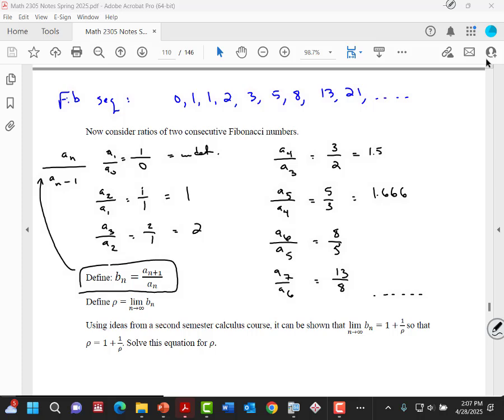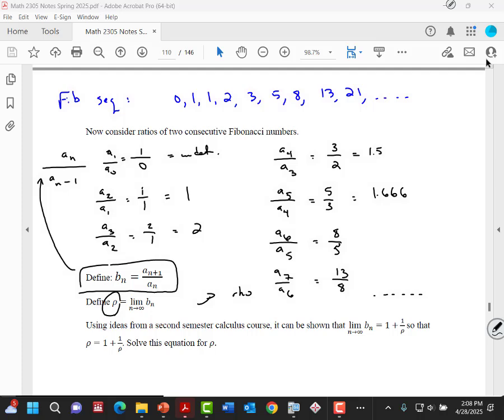Now, let's define rho. This symbol right here is the Greek letter rho. Let's define rho to be the limit as n goes to infinity of this ratio, b sub n.